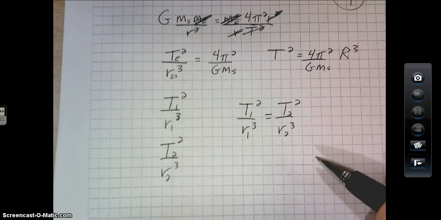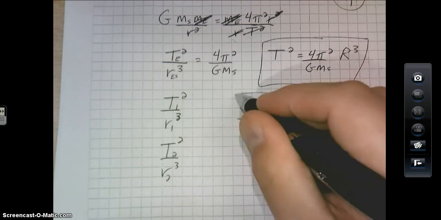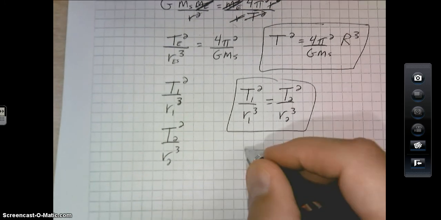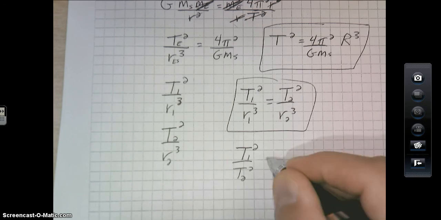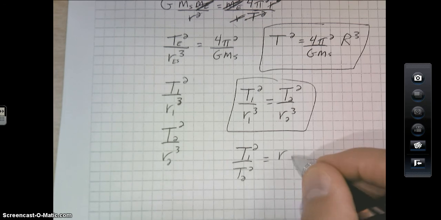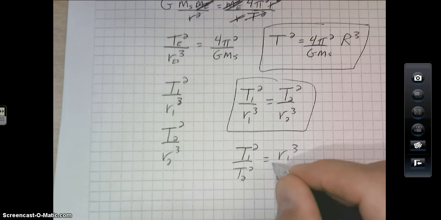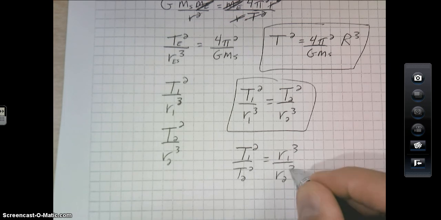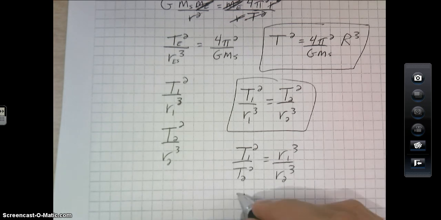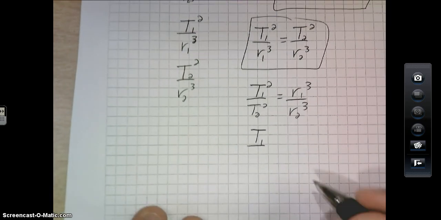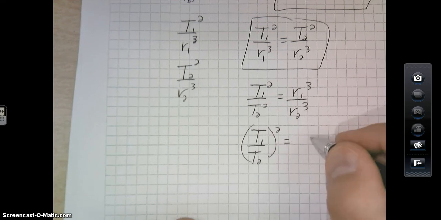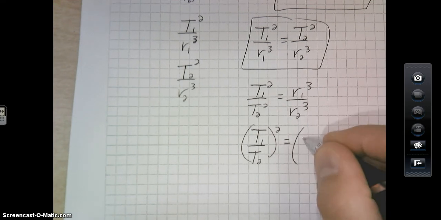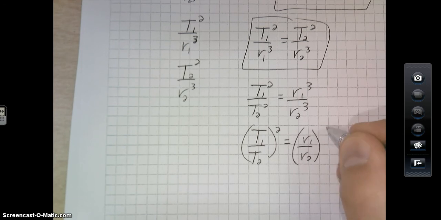Oftentimes, Kepler's third law could be written like this, or it could be written like this, or you might see it as T1 squared and T2 squared equals r1 cubed and r2 cubed, or they might actually take those out, so the T1 over T2 and this whole thing squared equal to r1 over r2 cubed.